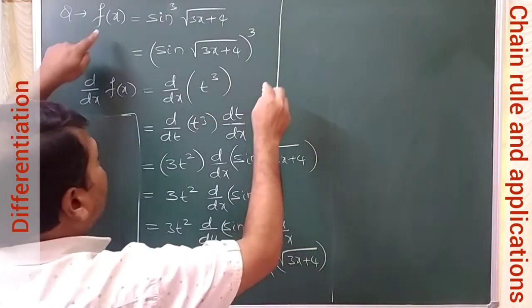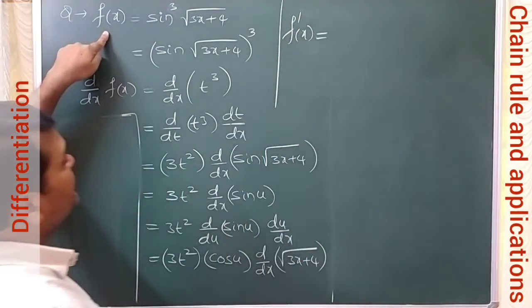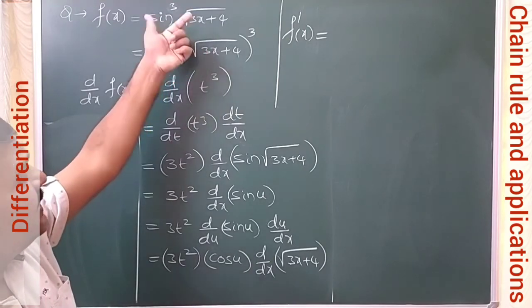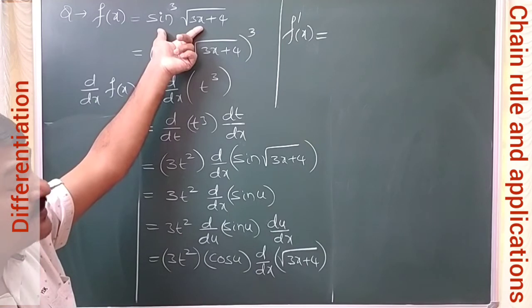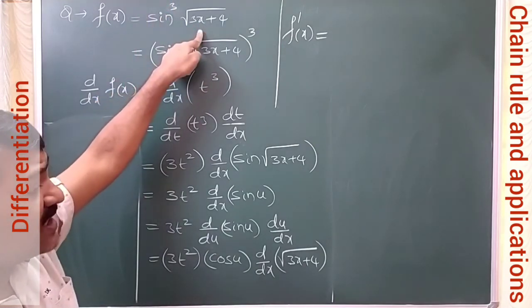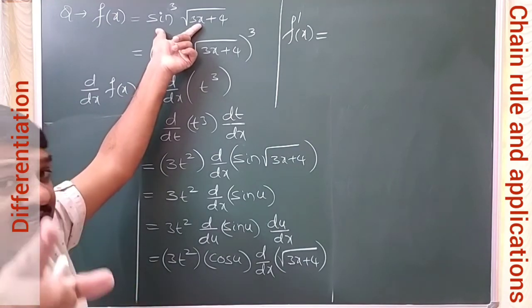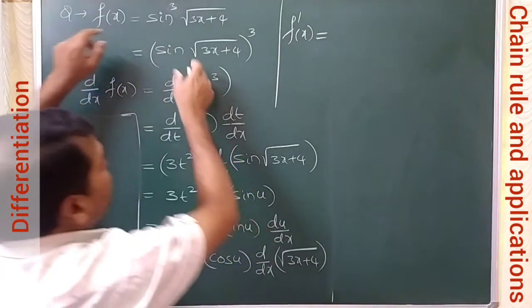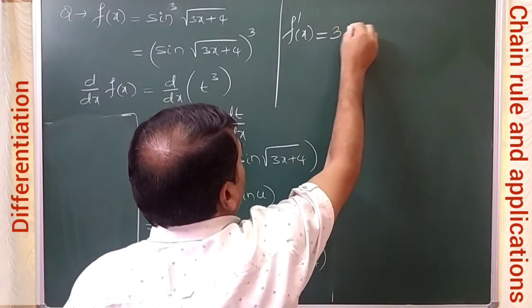See, first f dash of x we require. So this is x power n model, but you don't have x here, some other function is there. So apply the x power n formula, and for what you are assuming as x, write that derivative. So for example, this is x cube, so x cube means 3x square.